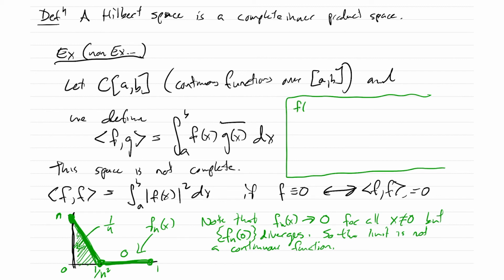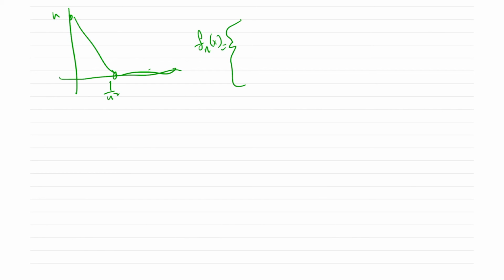All right, so we have f of x sub n defined in this way. It starts at n and it drops down to 1 over n squared pretty quick. Let's just go to the next page. So keep in mind, we're here, goes down to here, there we go. So n, 1 over n squared, right? And so we know that fn of x, whatever it's doing, is going to be 0 for x bigger than or equal to 1 over n squared.